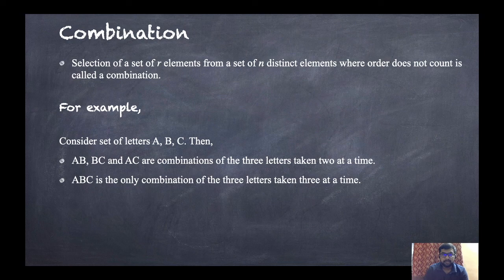Now, what is the main difference between permutation and combination? Just consider we have three letters A, B, C. The permutation of A, B, C will be 3 factorial. If out of ABC we want to find the permutation of two objects, it will be 3P2, and for combination it will be 3C2, which we will discuss right now.